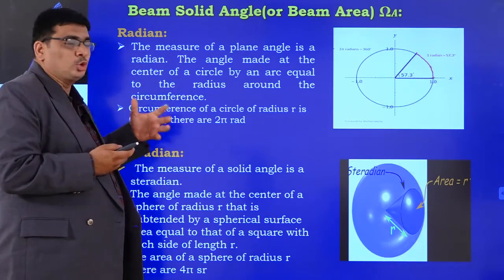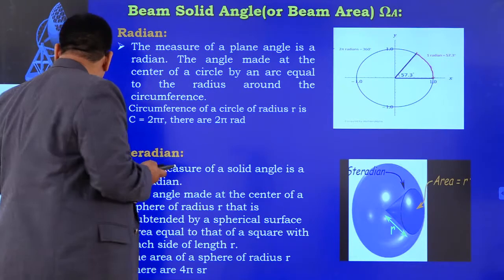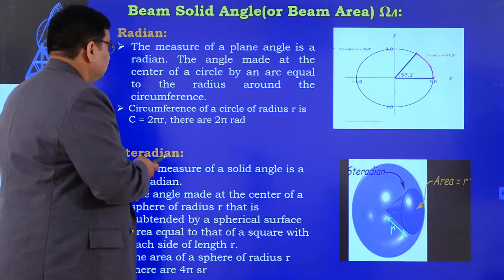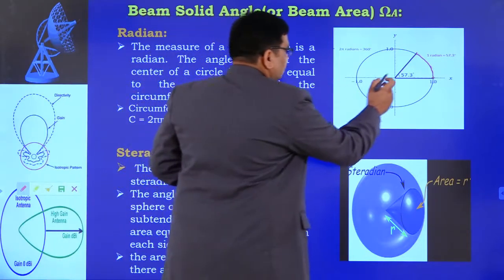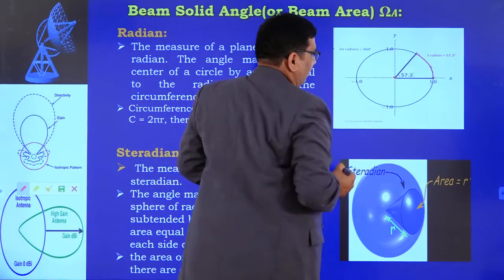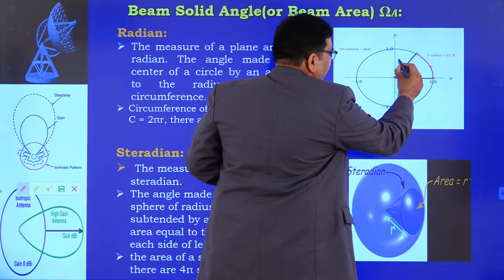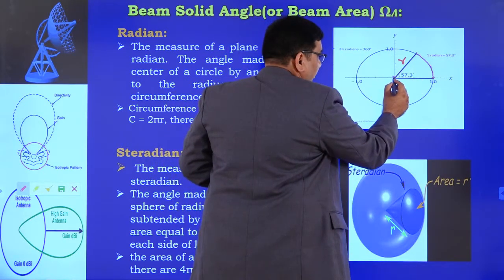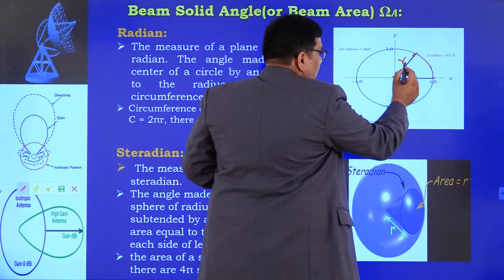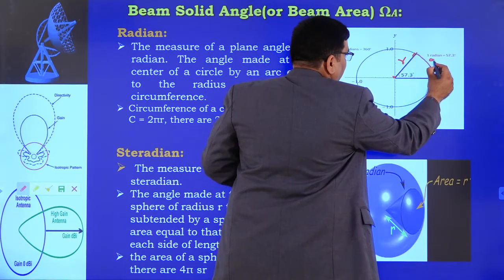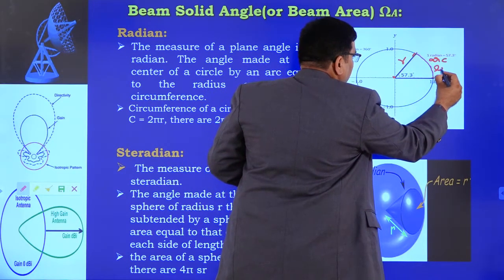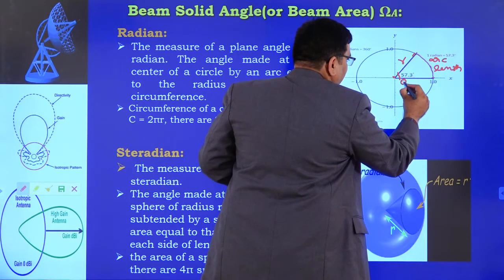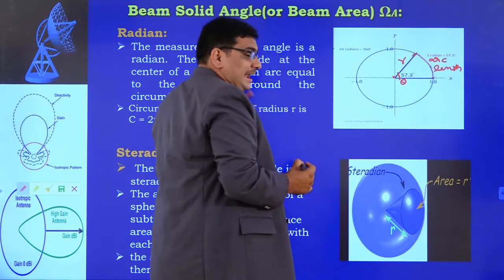Suppose this is the center point, this is the radius from the center, and this is the arc length. This angle theta is called your radian.